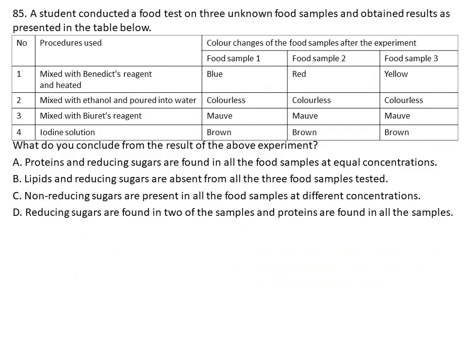Question number 85. A student conducted a food test on 4 unknown food samples and obtained the results presented in the table below. What do you conclude from the results of the above experiment? So the answer should be D. Reducing sugar is found in sample 2 and protein is found in all samples.